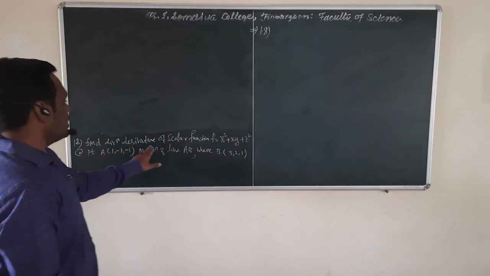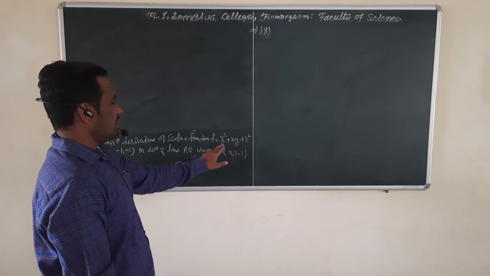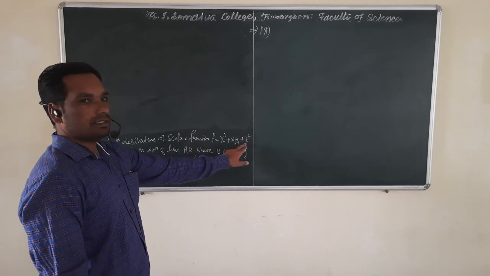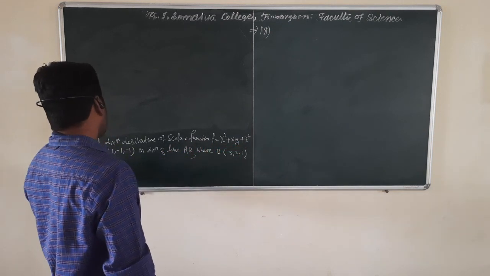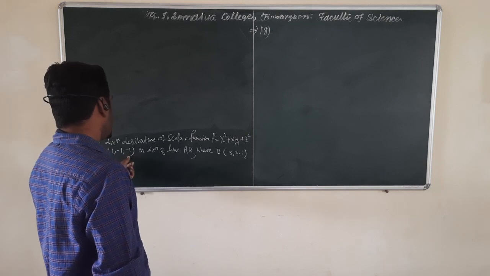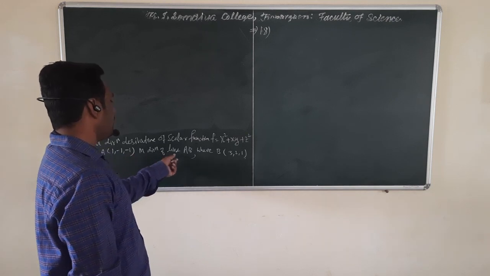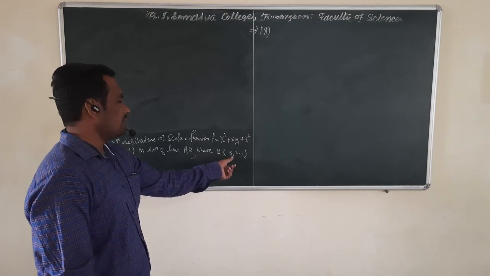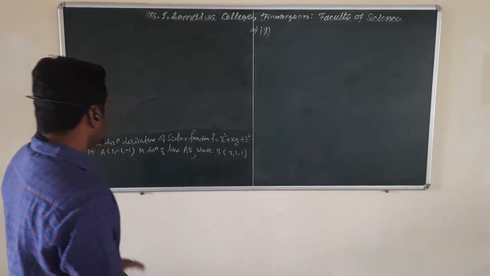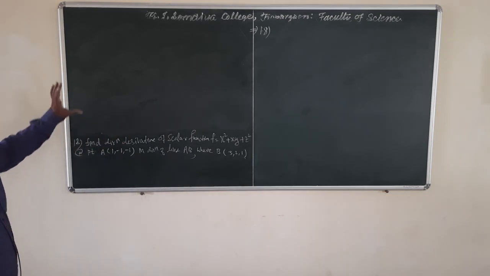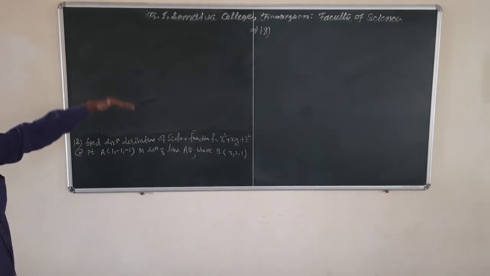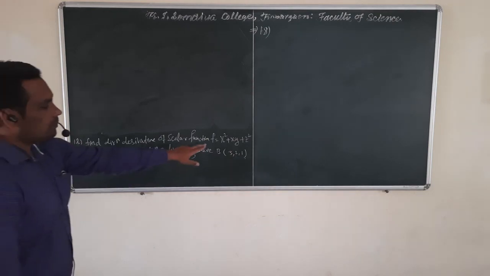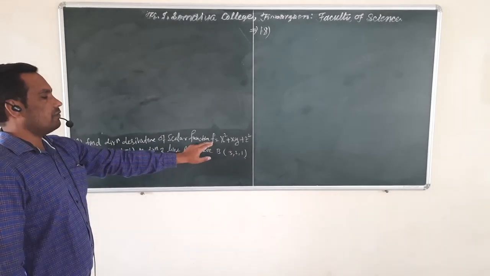Find the directional derivative of the scalar function f, which is x squared plus xy plus z squared, at point A, which is (1, -1, -1), in the direction of line AB, where B is (3, 2, 1). Again, we have to follow the same procedure for the directional derivative.